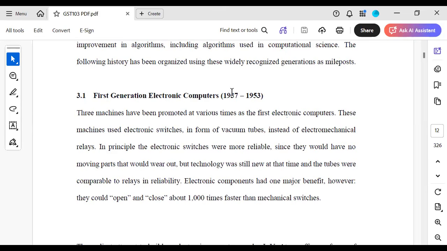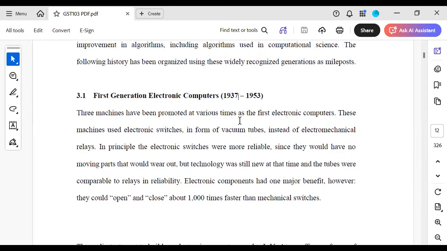Once you register that in mind, it's very easy for you to move along the sequence of the generations. So register this year in your mind: 1930s. The main thing is 1930.